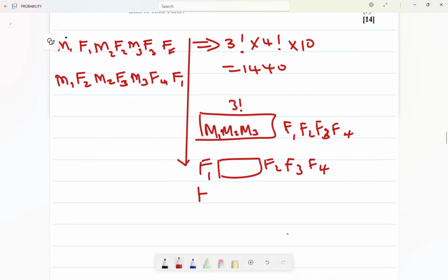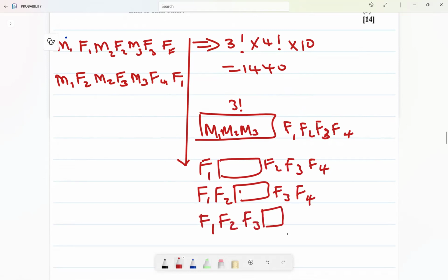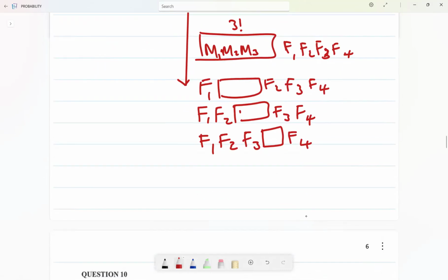Or have female 1, female 2, that group, female 3, female 4, or that group there, and then female 4 here, or female 1, female 2, female 3, female 4, and then have them here. So how many options? 1, 2, 3, 4, 5. There are 5 ways that they can sit like that.